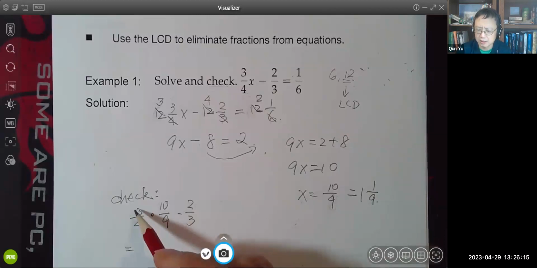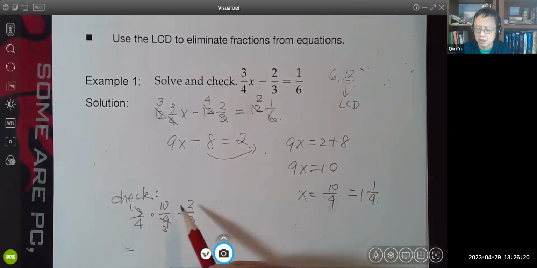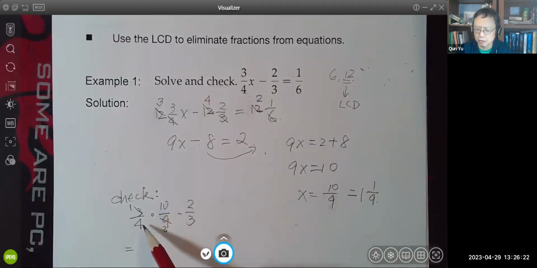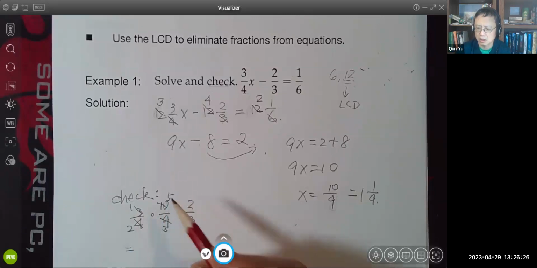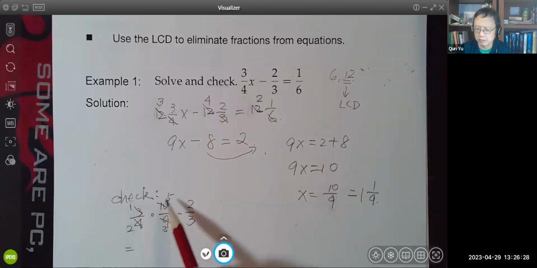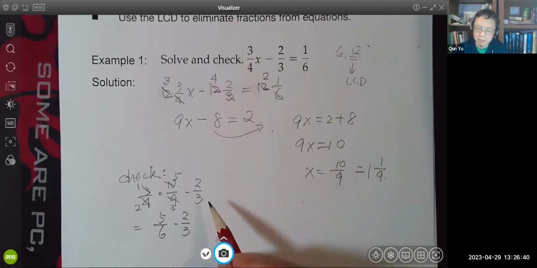So 3 and 9, 3 canceled. You get 3 on the bottom. And between 10 and 4, both can be divided by 2. Now let's see what we get. 1 times 5 is 5. 2 times 3, that is 6. So 5/6 minus 2/3. Now to do the subtraction, we need a common denominator.